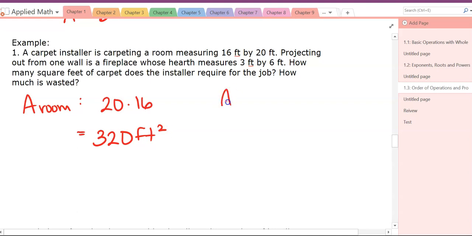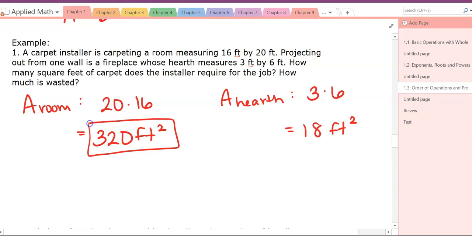And then the area of the hearth of that fireplace, you're going to take 3 times 6, which is going to be 18 feet squared. And so this is going to be the amount of carpet that he needs. This is going to be the amount of waste that he has.